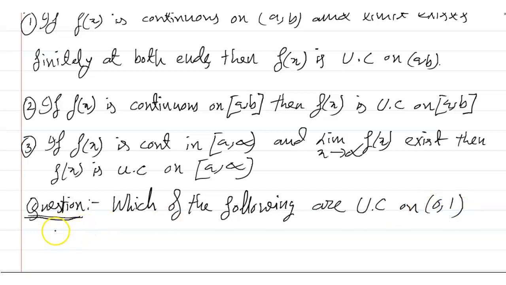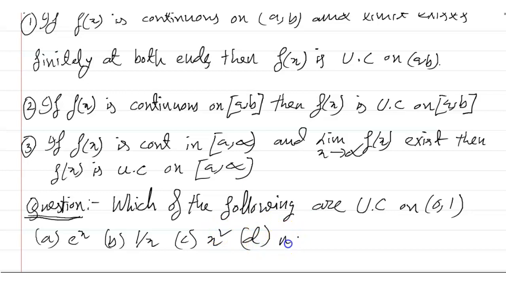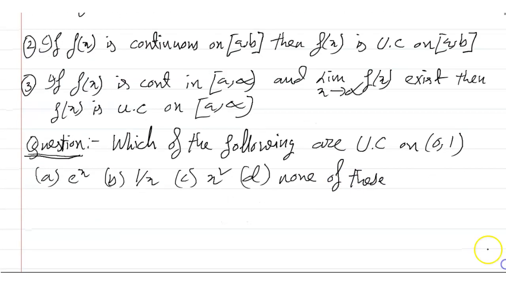So friends, which of the following are UC? Number A, e to the power x, number B, 1/x, number C, x square, and number D, none of these. Answer. Let's start the answer.